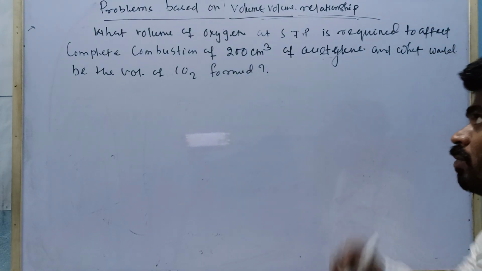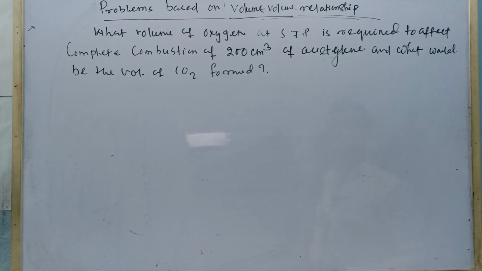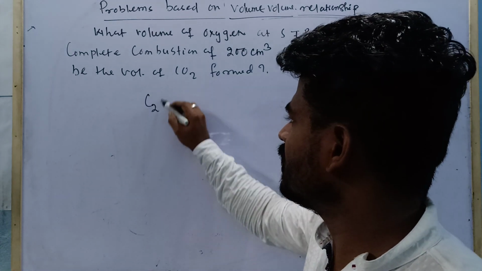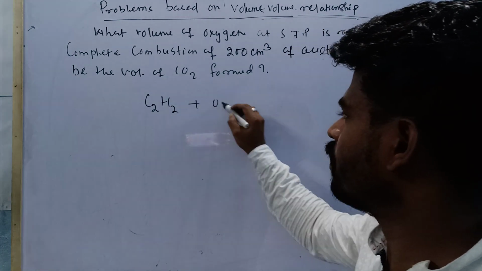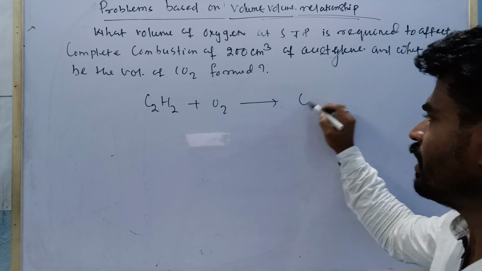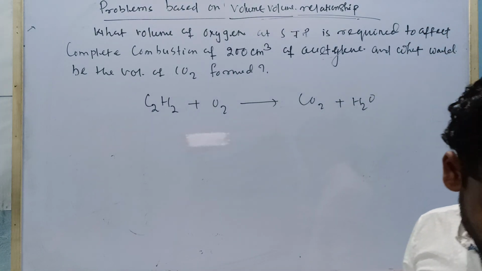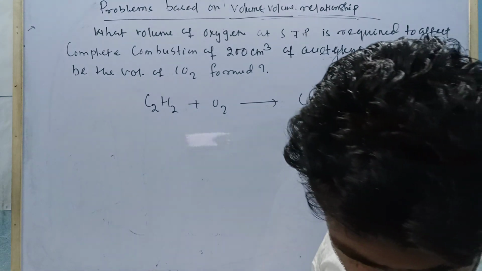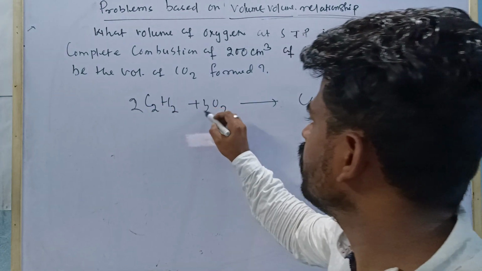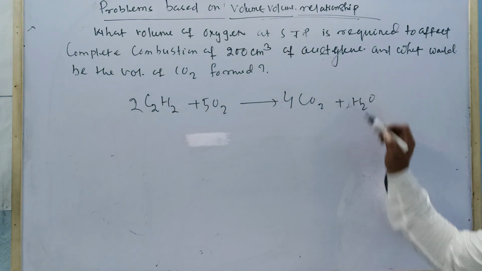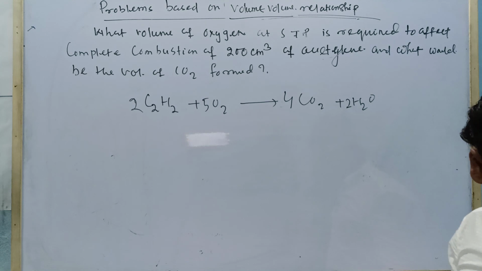Okay, what volume of oxygen at STP is required to affect the complete combustion of this much amount of acetylene. So write down the chemical equation, combustion of acetylene C2H2, any hydrocarbon in presence of oxygen gives you carbon dioxide plus water. Okay, you just balance it. Number of hydrogen atoms 4. So here 2 is there.